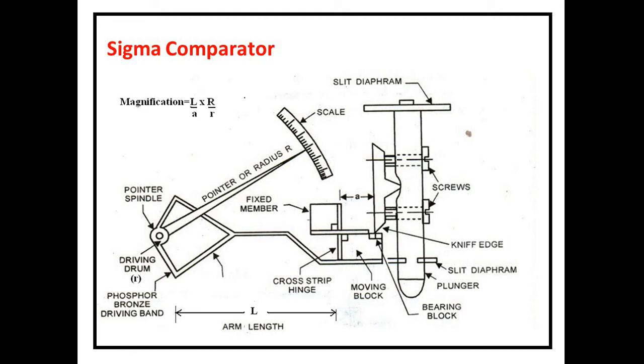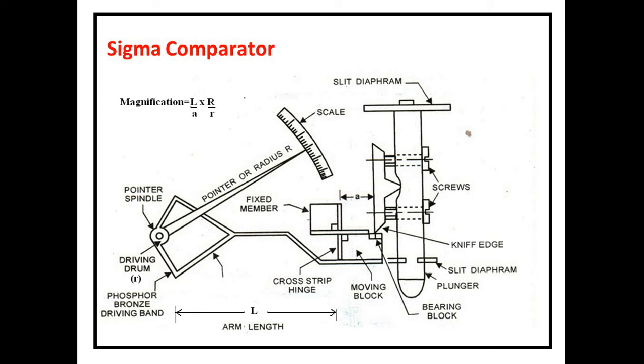If the force is applied on this moving block, it is going to swing. Pivot means it is going to swing about the line of intersection of the strips. The distance A, this is the distance A between hinge and the knife edge, can be changed. This distance can be changed by tightening or loosening the screws. These are the screws, one screw, second screw. So this distance A can be varied by tightening or loosening the screws.